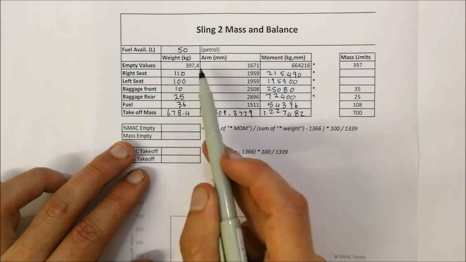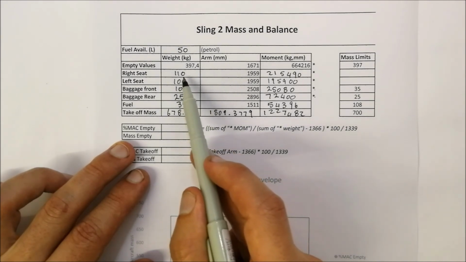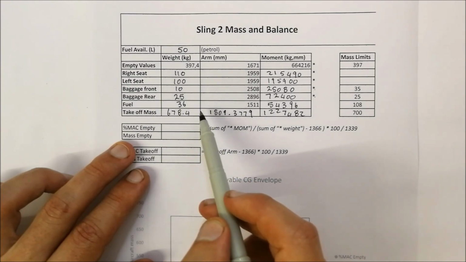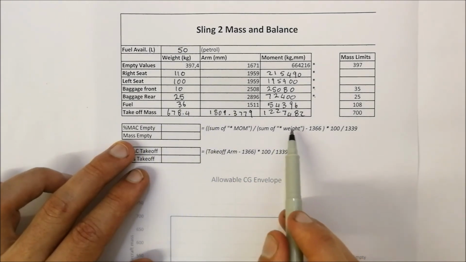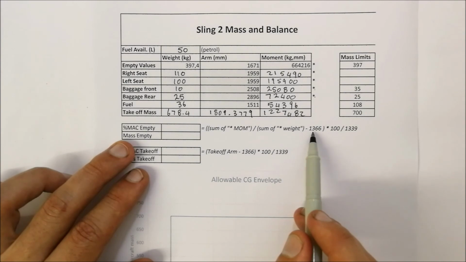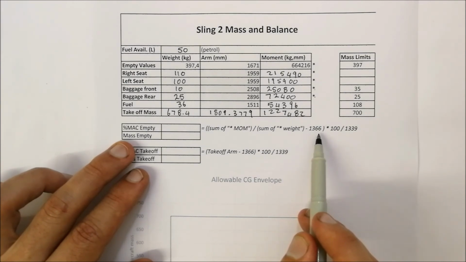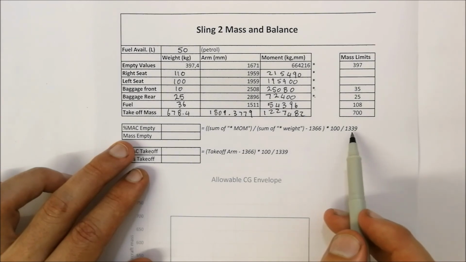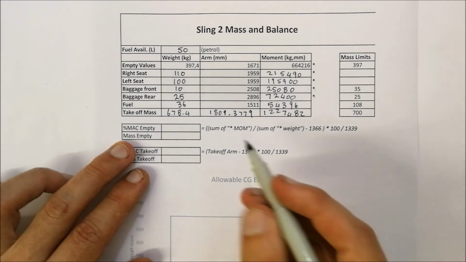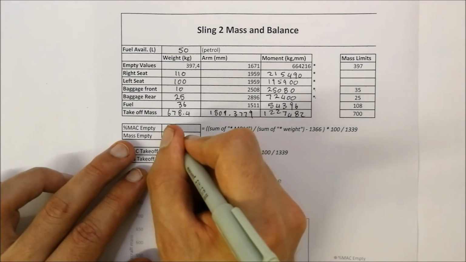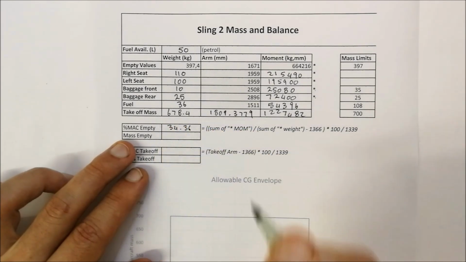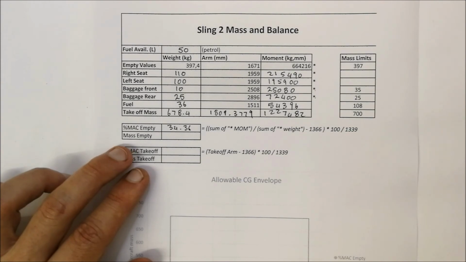So it's going to be 397.4 plus 110 plus 100 plus 10 plus 25. Once we've calculated that, we subtract 1366, multiply the answer by 100, and divide by 1339, and we will get an answer of 34.36.